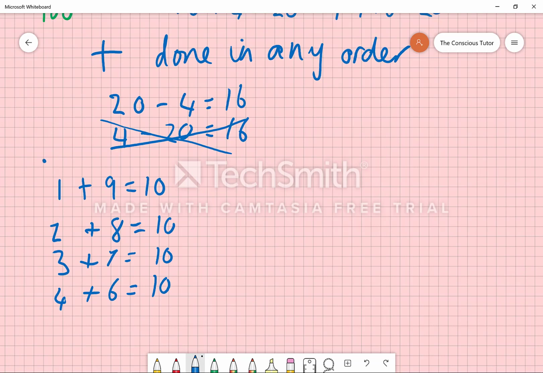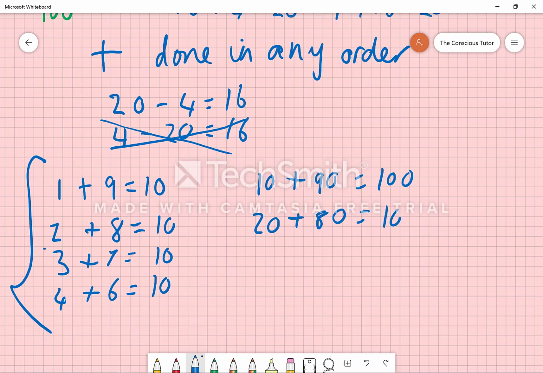So if we look at these 4 number bonds to 10, how do they correspond to number bonds to 100? Well, if 1 plus 9 equals 10, 10 plus 90 equals 100. If 2 plus 8 equals 10, 20 plus 80 equals 100. And so on and so forth.